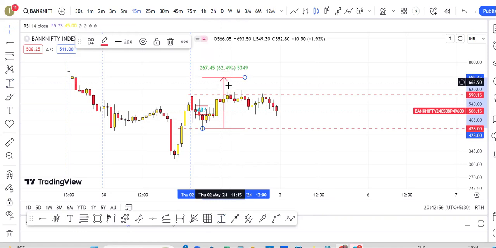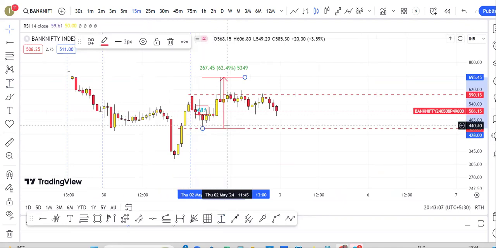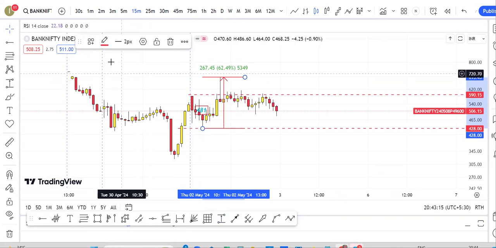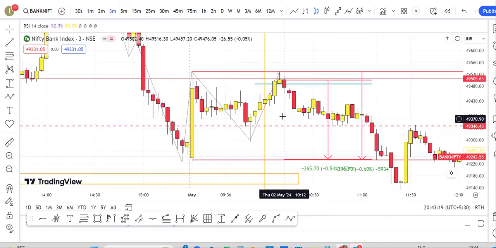Price cannot go like that. See, 11:30, okay? And the low came around 11:30. Yeah. See, sometimes you can see 100%. But you should anticipate for a 260 points rise.